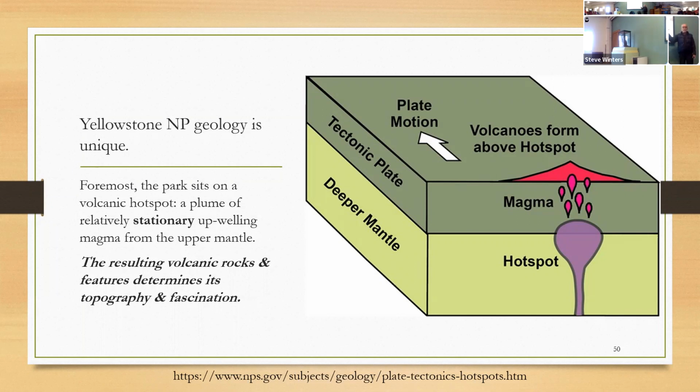It doesn't move over tens of millions of years, maybe hundreds. You'd think it would, but it doesn't. What does move, however, are the lithospheric plates. The plates are moving over the top of the hotspot and burning a hole, so to speak, in the crust, just above the plume itself.